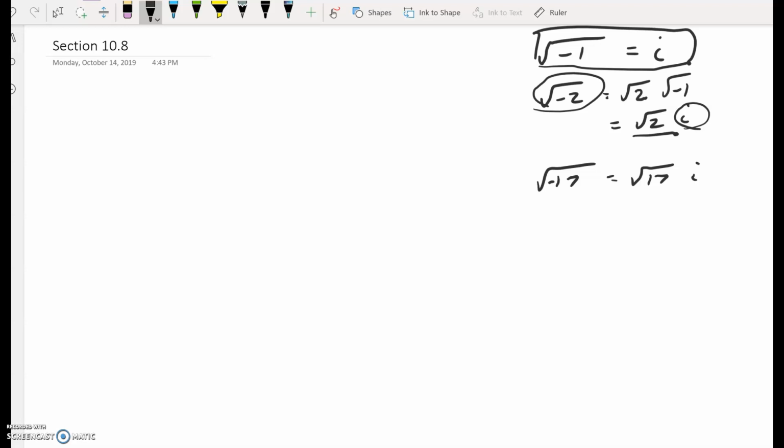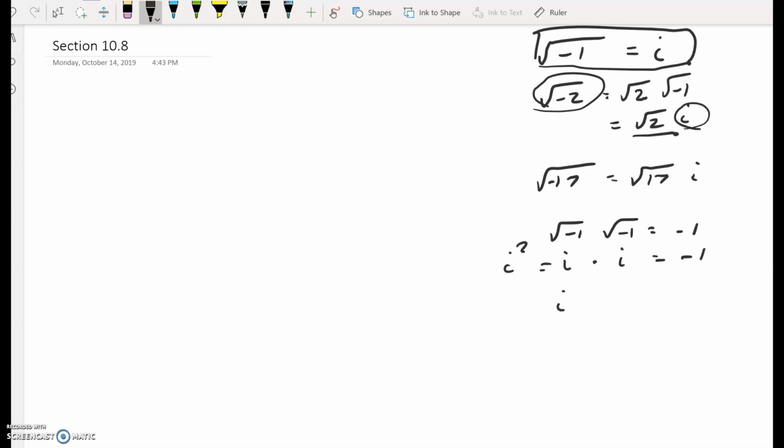Now, the main fact about this square root of -1 is that if you multiply it by itself, you get -1. Since this is i and this is i, that means i times i, or i to the second power, is -1. It's all very, very strange.